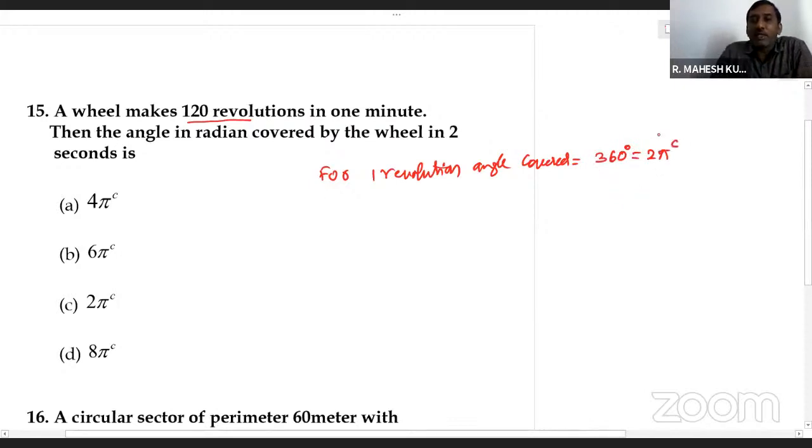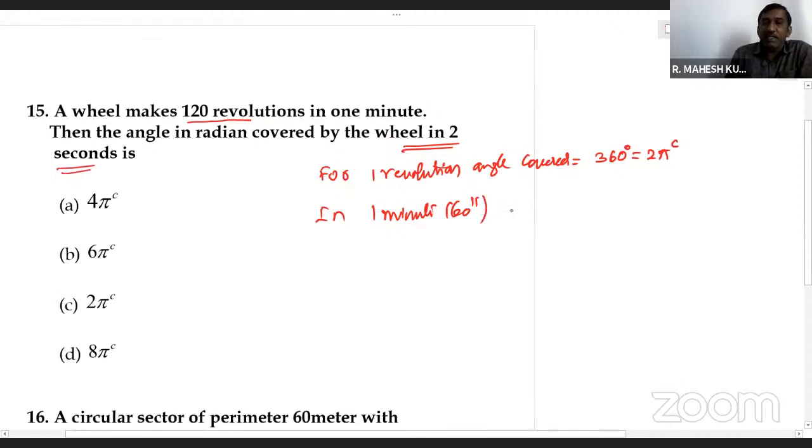In one revolution, 2 pi radian angle is covered. Now the wheel is making 120 revolutions in 1 minute. In 1 minute it is covering 120 revolutions. You need to find the answer in 2 seconds, therefore I will convert it into seconds.